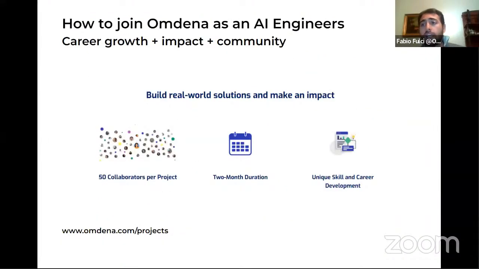If you want to join Omdana as an AI engineer, you can apply to one of our upcoming projects on our website. You just have to go to omdana.com/projects. I think right now we have 5 upcoming projects where you can apply, and you can be selected as one of the AI engineers that is going to work on that project. That's the way to enter and be part of the Omdana community.